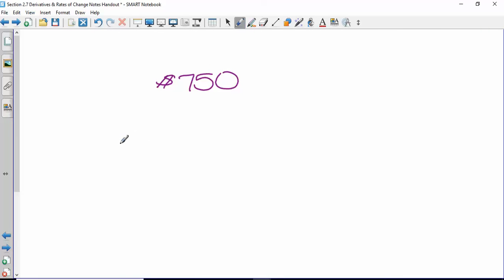And then let's say it costs you, I don't know, $10 in supplies to make a dozen cupcakes. So if you produce 1 dozen cupcakes, how much money have you really spent to make that 1 dozen cupcakes? $760. Okay, that was not very profitable.